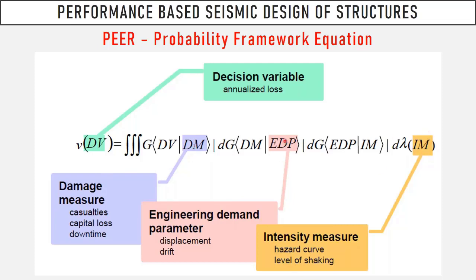As an engineer, you know these, and you evaluate all these parameters and say, okay, this is your loss, this is your consequence, whether it is annual loss or probable maximum loss or average annual loss, whatever it is. But at the end, your decision variable is not something that you used in your previous so-called designs, like forces or deformations or other engineering demand parameters. It's something different.